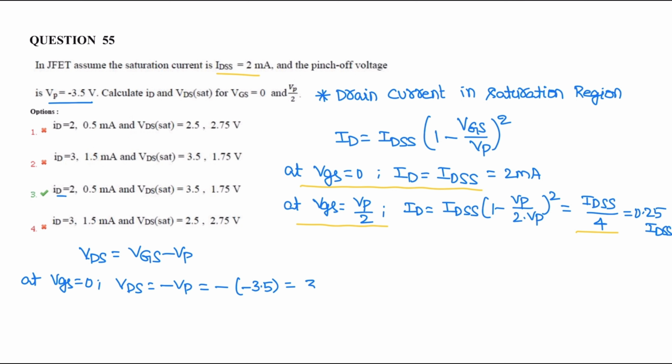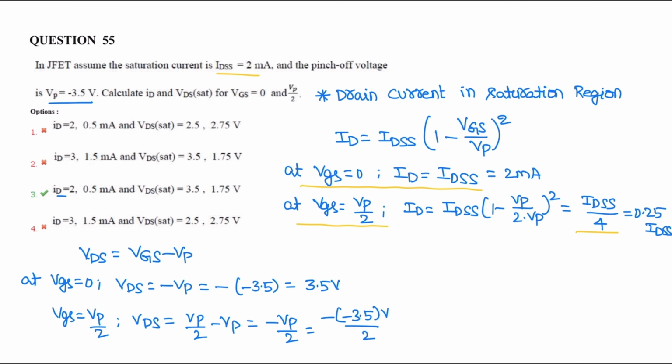Therefore, drain source voltage is 3.5 volts. At VGS is equal to VP by 2, drain source voltage VDS is equal to VP by 2 minus VP, that is minus VP by 2. So minus of minus 3.5 volts by 2, its value is 1.75 volts.